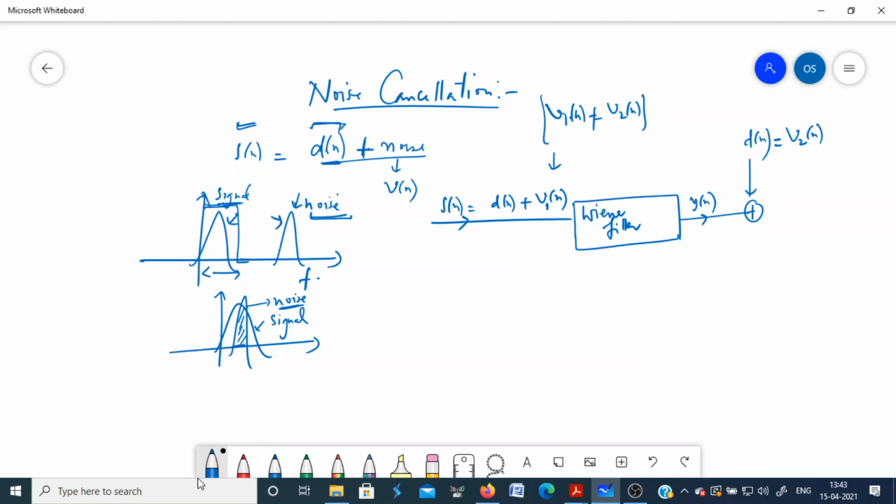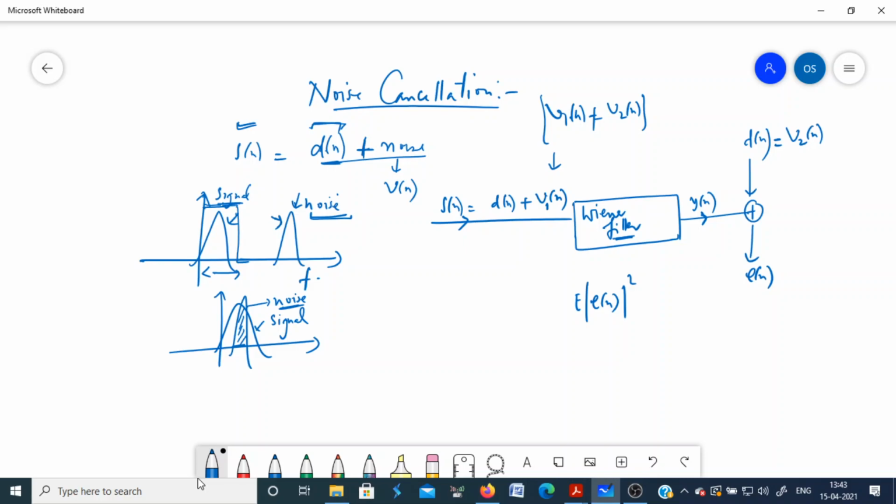Then you find this error between dn and yn, and then you minimize this mean square error. When you discuss adaptive filters later on in detail, you will see that yn is the output of this Wiener filter. Sorry, I gave a wrong statement here.